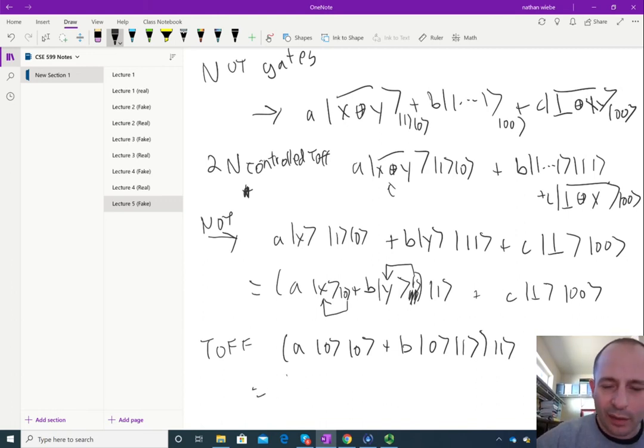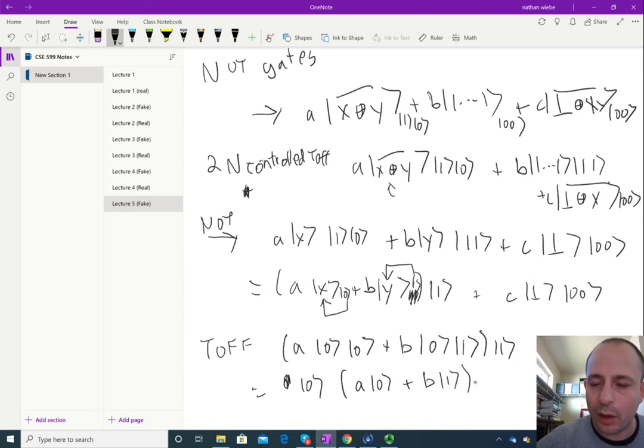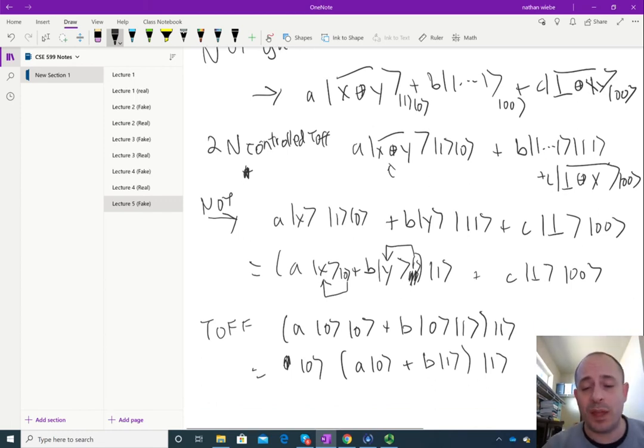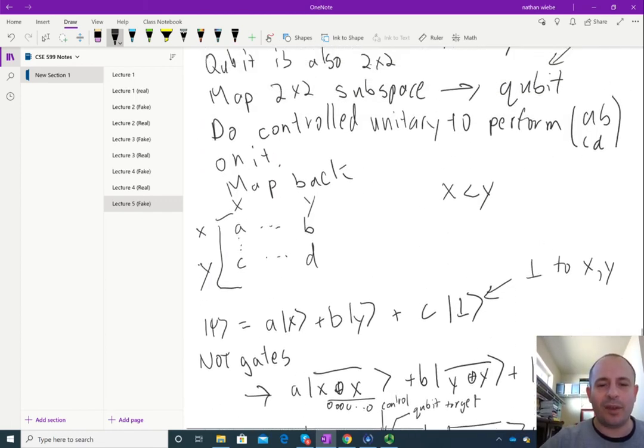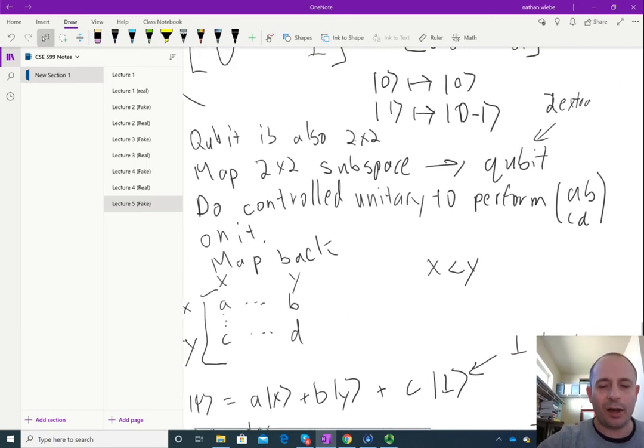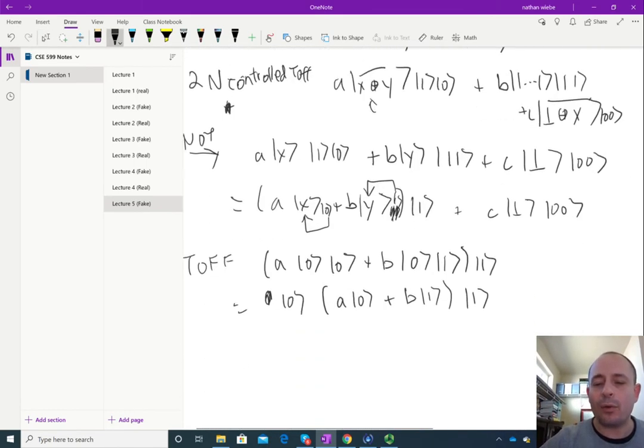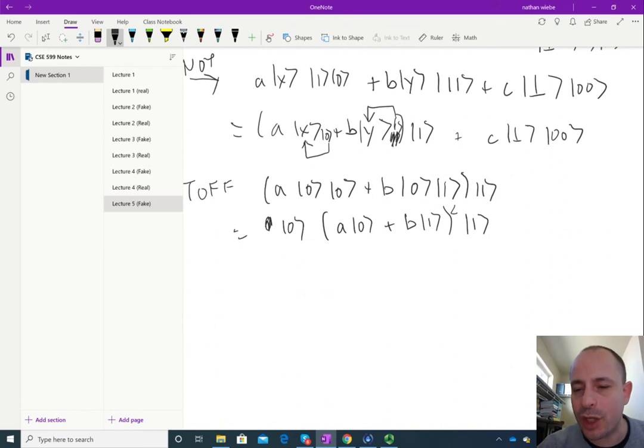And now I can write that as 0 out here, a 0 plus b 1, 1. So all of the information that we need in order to be able to evolve the quantum state is no longer stored in this isolated two-dimensional vector space like it is up here in this block over there. Now we've transferred all of this information to a single quantum bit.